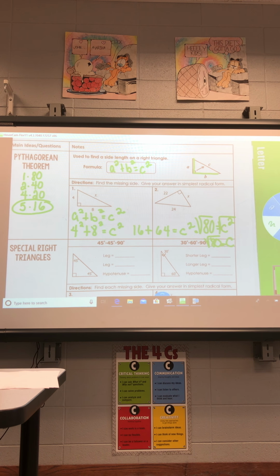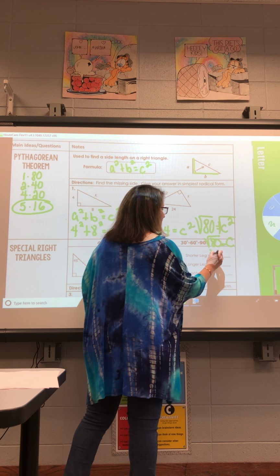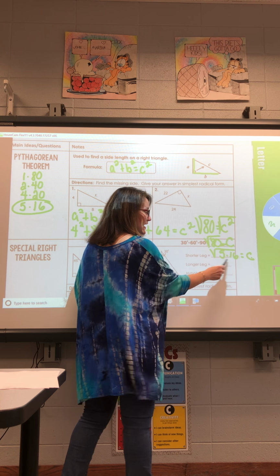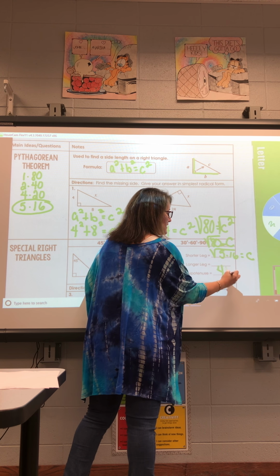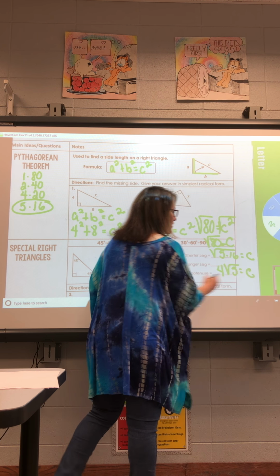I'm not going to go any further because 5 is a prime number and 16 is a perfect square. So when I replace the square root of 80 with 5 times 16, I can take the square root of 16 and I'll get my c value as 4 square roots of 5.